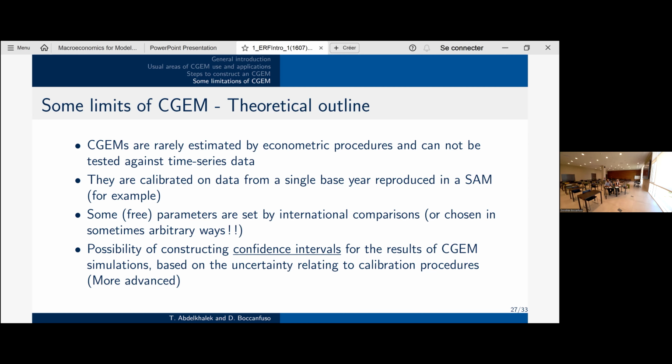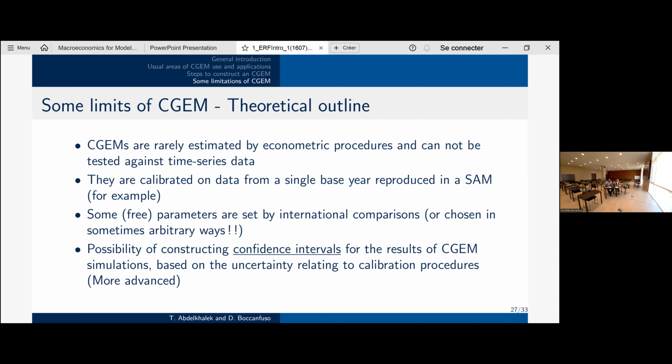Because there is no uncertainty in the definition of a CGE model. There is no stochastic part in a CGE model. It's not like a DSGE model or a VAR model or others. CGE models are not estimated, they are calibrated from exactly what I told before, from free parameters and a SAM.